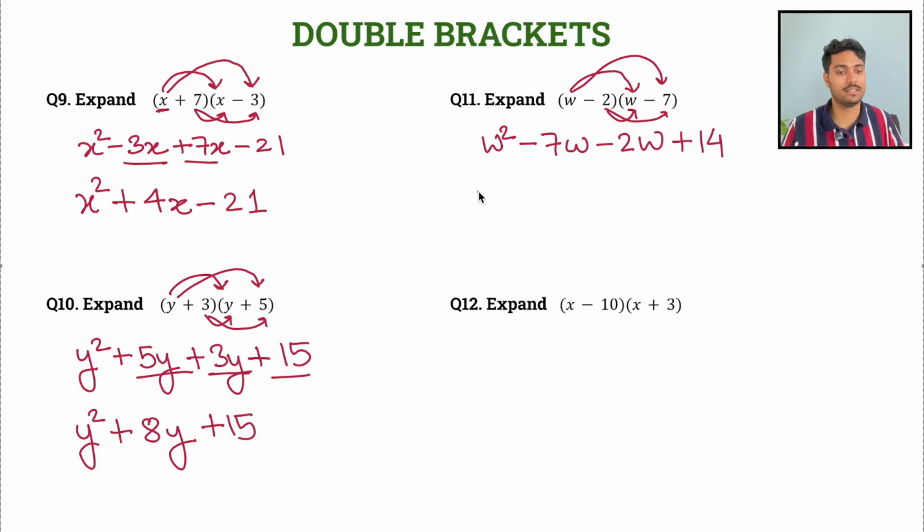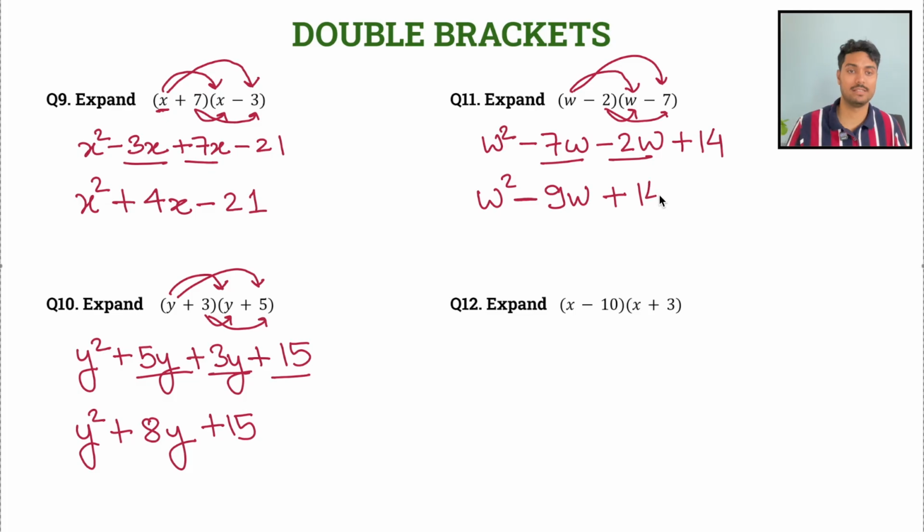So w square as it is, minus 7w minus 2w, minus minus plus, so both will be added, so we'll write 9w, but both are negative and minus का sign बड़ा है, so minus 9w plus 14 is the answer.